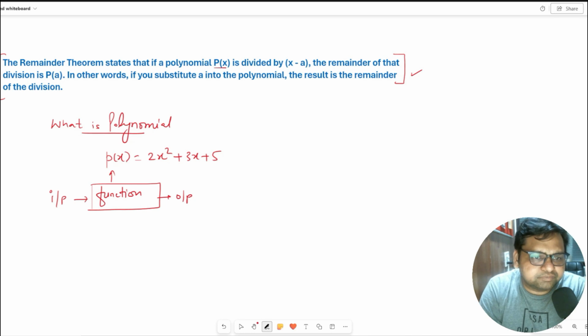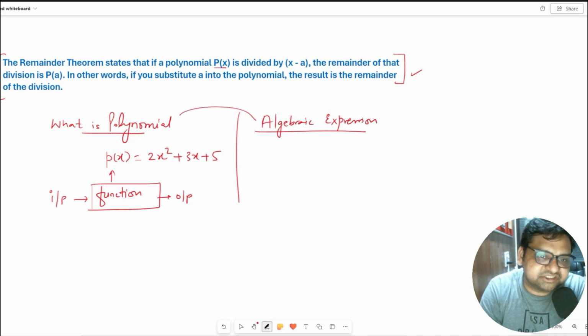Okay, so if this is a polynomial, 2 is a coefficient of x square, 3 is a coefficient of x, and 5 is a constant term. So this is how polynomials are made. And polynomials are made from algebra. If you have read this topic in the previous classes, you know that an algebraic expression makes a polynomial.